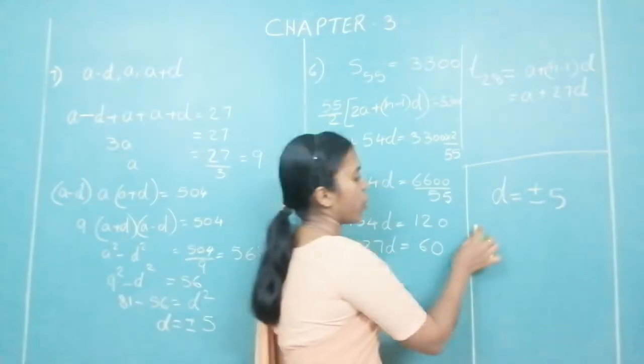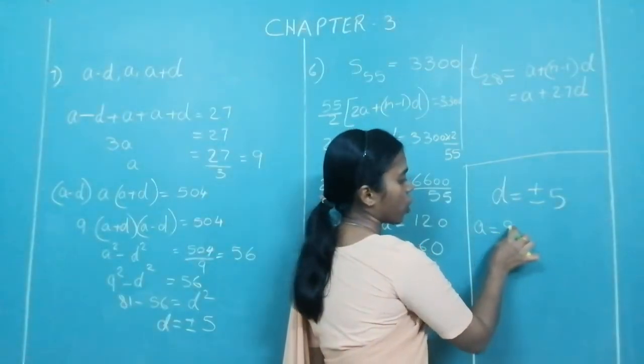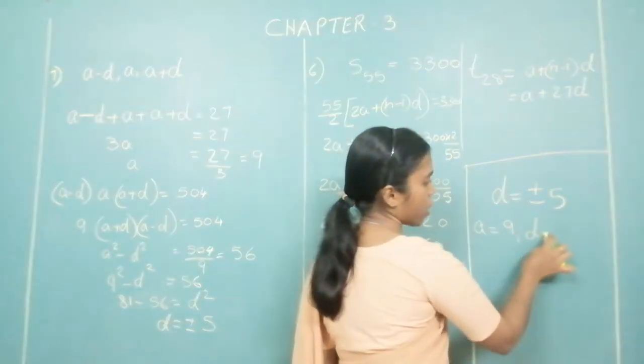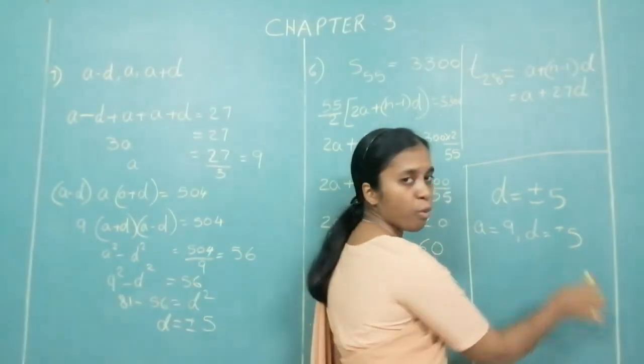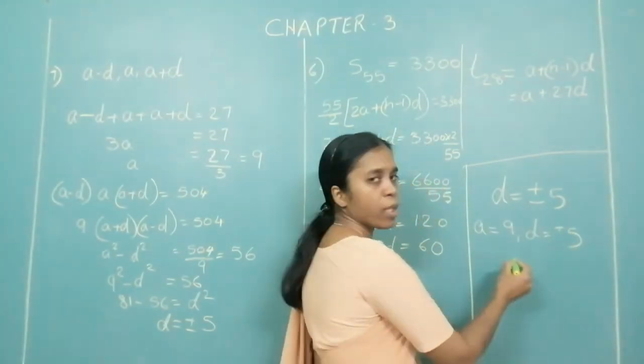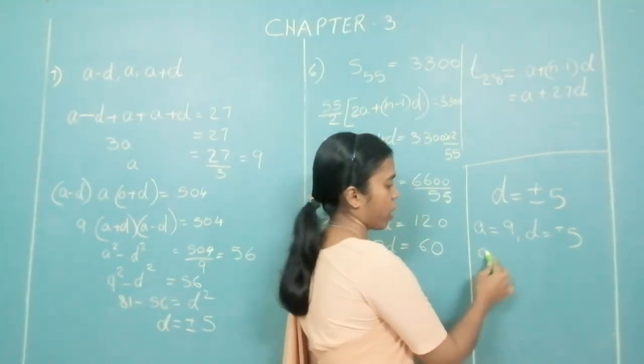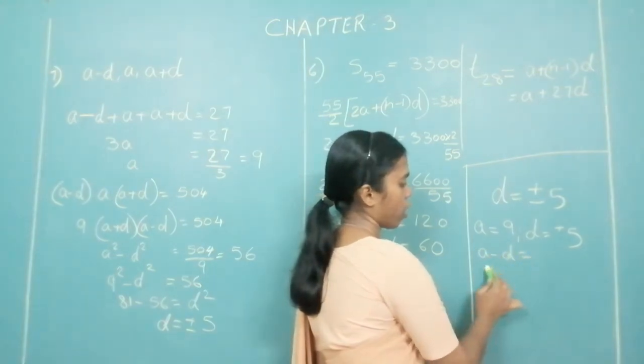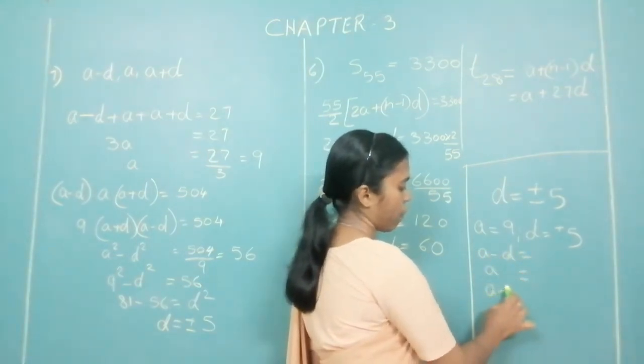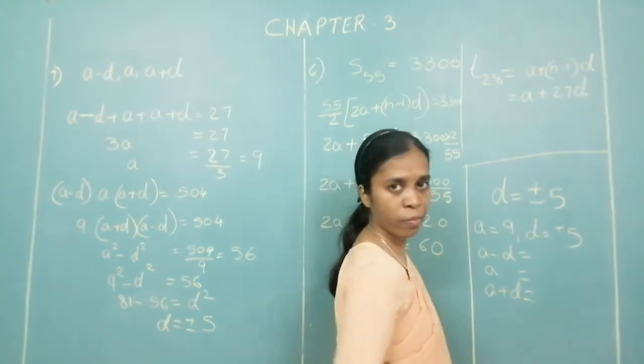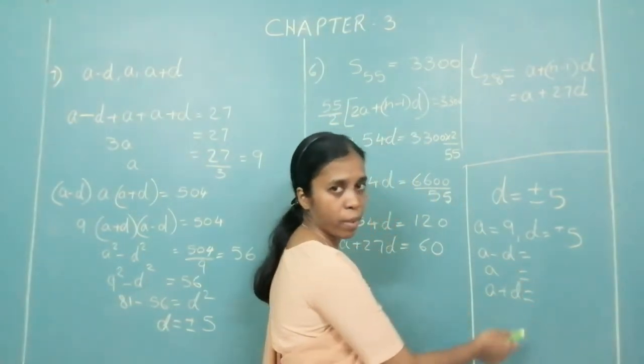Then you have to write, when A is equal to 9 and D is equal to plus 5, then the terms are: you find out A minus D, A, and A plus D. You will get 3 terms over here.